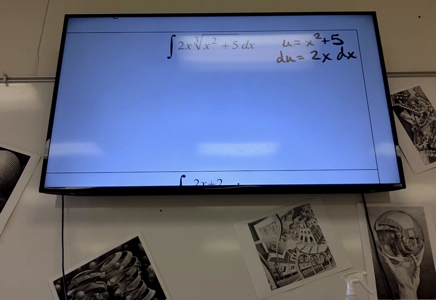Okay, so what we're going to do is replace this x squared plus 5 with u. So that's the cubed root of x squared plus 5, or cubed root of u, so u to the 1/3. And then this 2x dx, I'm going to replace with du.